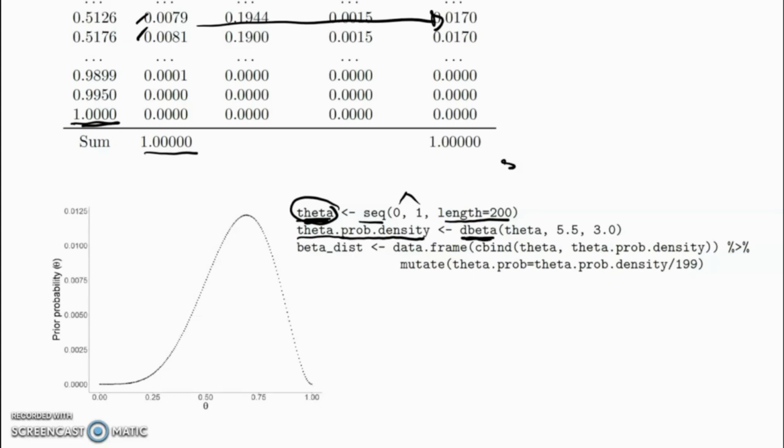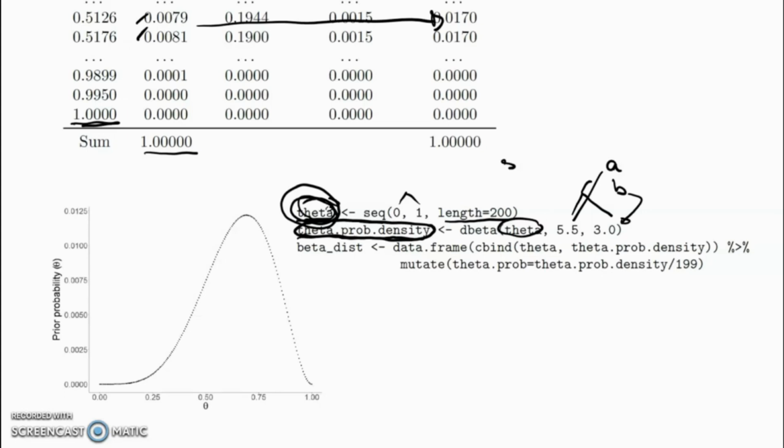It's going to specify a beta distribution with values theta and parameters, and we'll go over this more next week. The beta distribution is going to have parameters A and B of 5.5 and 3.0. So this code here will give me 200 values of the probability density associated with theta based on a beta distribution.